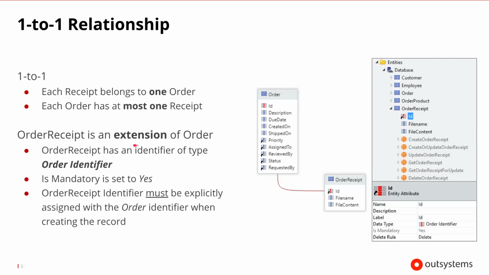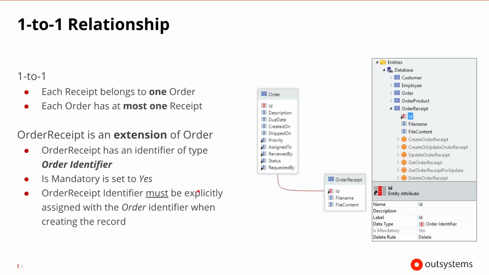So for this to work, we often refer to the order receipt as an extension of the order, and they should share the exact same identifier. Mandatory should be set to yes, because if we're going to have an extension, we want it to be filled in. And the order identifier will have to be assigned to the order receipt when we go ahead and create it.